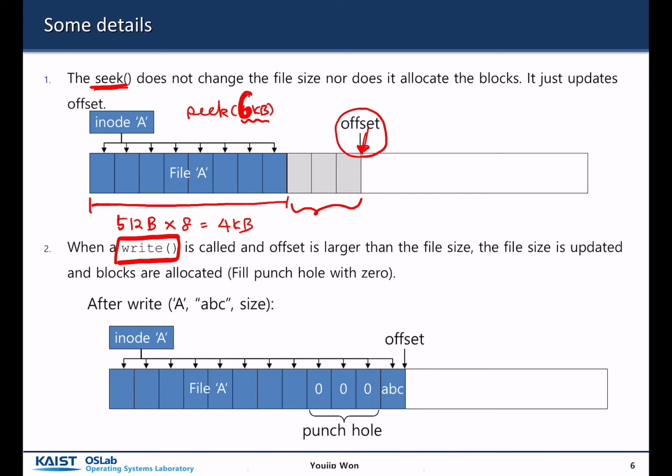If the application then calls the write system call, it places the contents at this point and initializes the intermediate blocks that haven't been accessed with some initial value. This is called a punch hole, and the hole is initialized with the value 0. So this is a very interesting part of the seek operation.